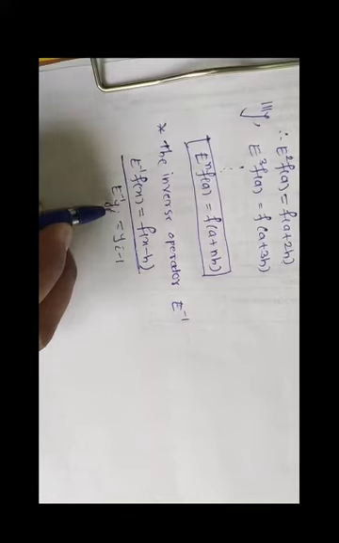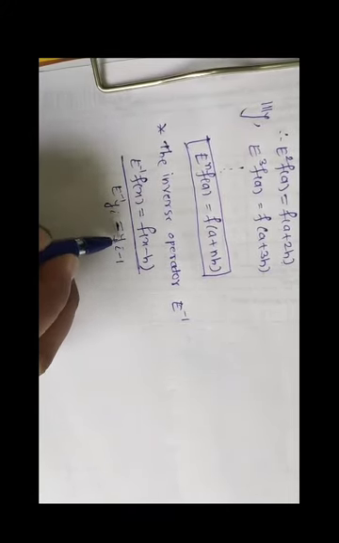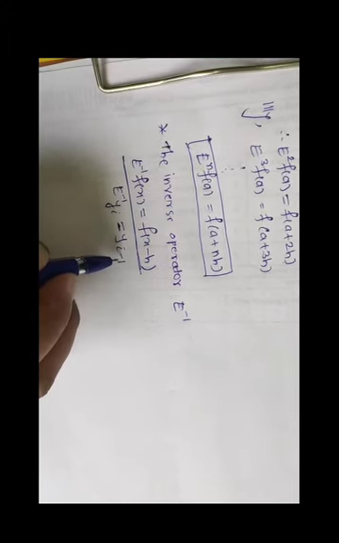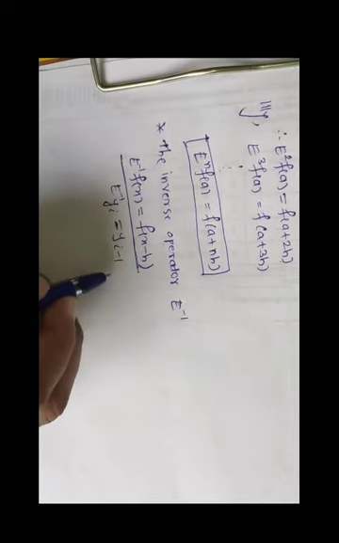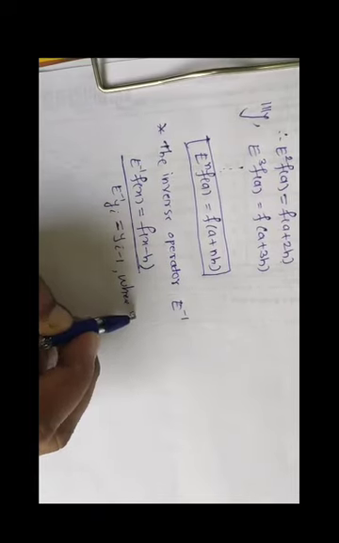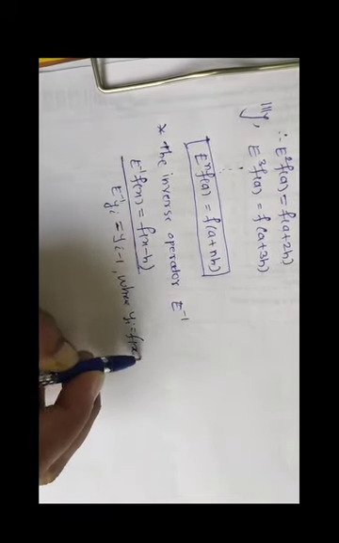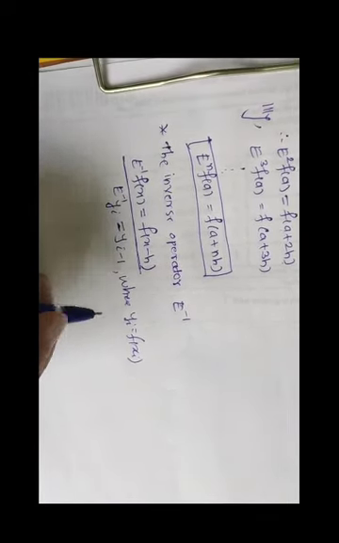So we can write E inverse on y_i, which decreases the index by 1, so i minus 1, where y_i is nothing but f of x_i.